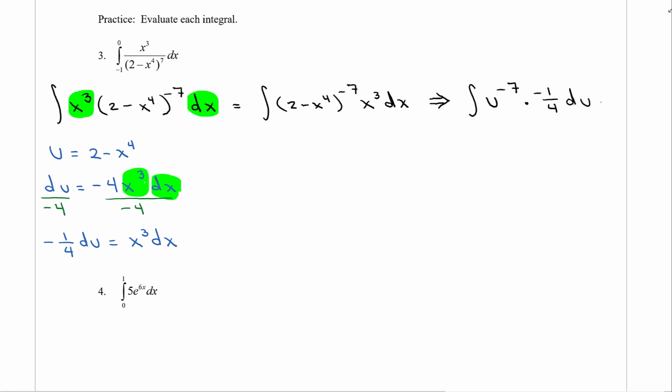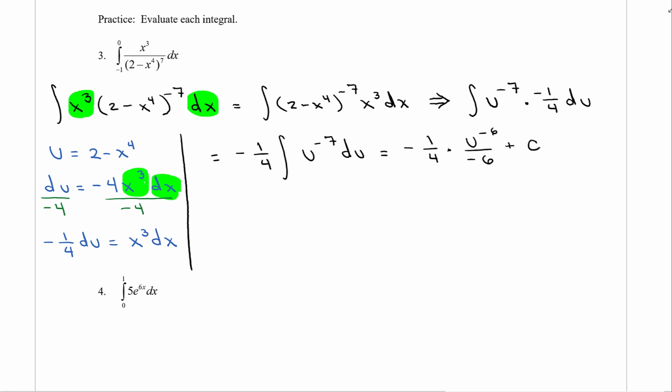So I can factor out my negative 1/4 to the front of my integral here. I'm going to draw a line here separating the work that I did for finding my u and my du. I'm going to have here this equals negative 1/4 times the integral of u to the negative 7th power du, which is equal to negative 1/4 times u to the negative 6th power divided by negative 6 plus c.